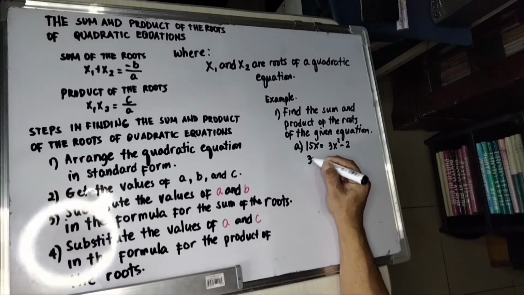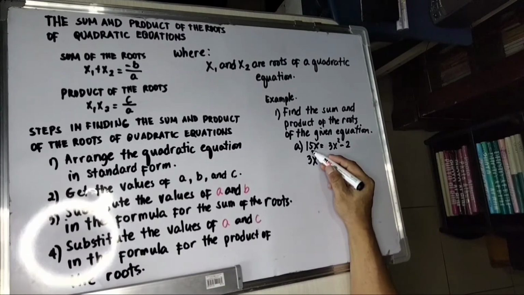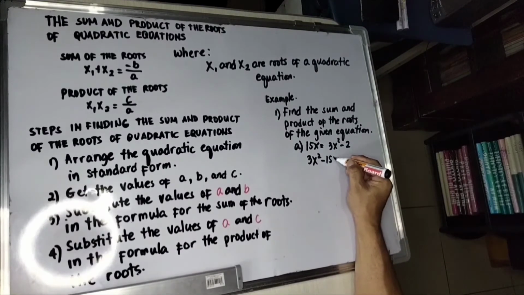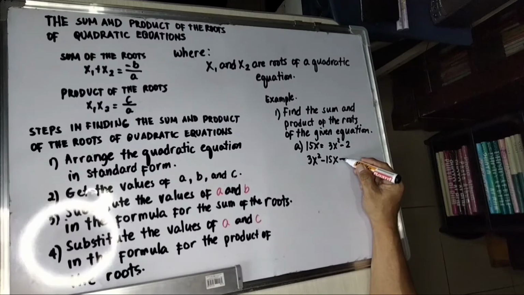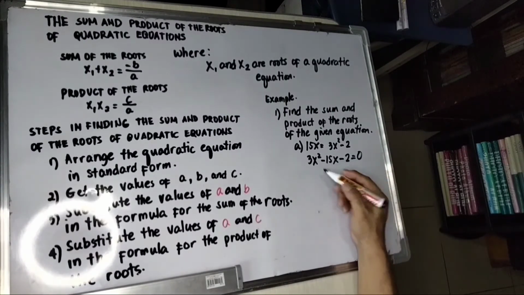So this becomes 3x squared, 15x crosses the equal sign, then it becomes negative 15x. Then minus 2 equals 0. This is now in standard form.